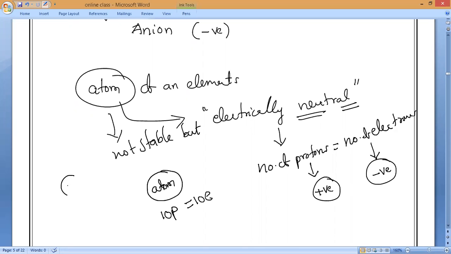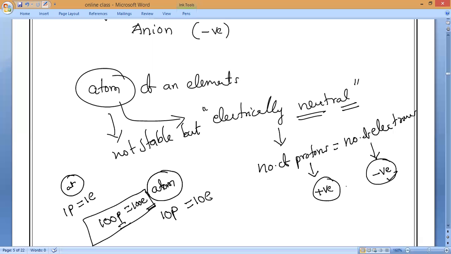If one proton, then one electron. If 100 protons, definitely 100 electrons. For a given atom, the number of protons is always equal to the number of electrons. Electrons are negative charge, protons are positive charge, so 100 minus 100, both equal and opposite charge.